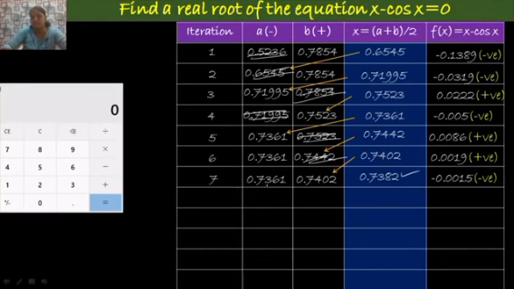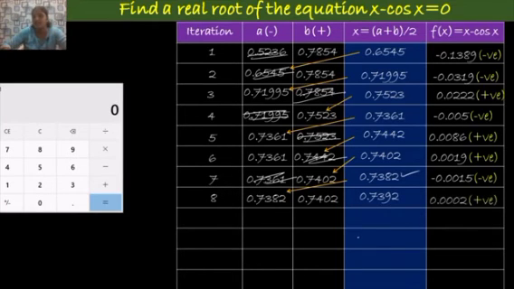That is negative. If it is negative, replace the value of a in the next iteration and take the value of b as it is, and adding and dividing these two values you get 0.7392, and at this point you get the value of the function positive. If it is positive, you replace the value of b in the next iteration, calculating the value of x.